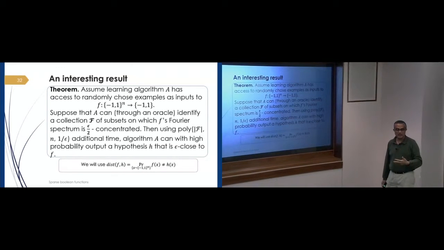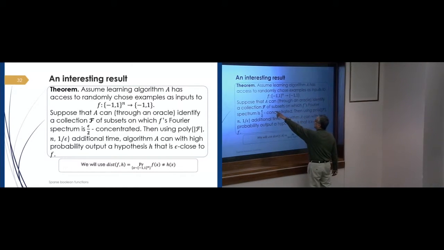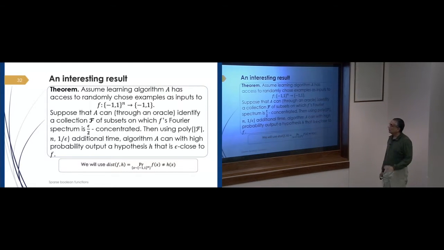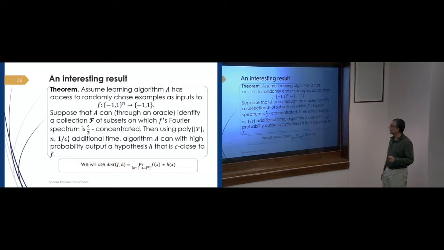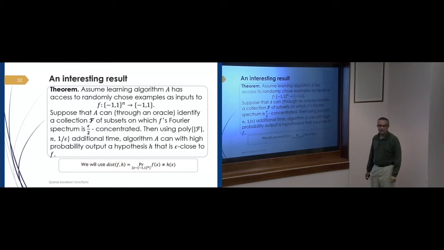So now we have an algorithm which will not make this a condition anymore, but the rest of the theorem therefore is now true because set f is epsilon by 2 concentrated. Then using polynomial time in size of f, n and 1 over epsilon, algorithm A can with high probability output a hypothesis h that is epsilon close to f.